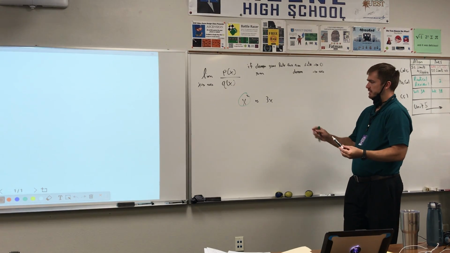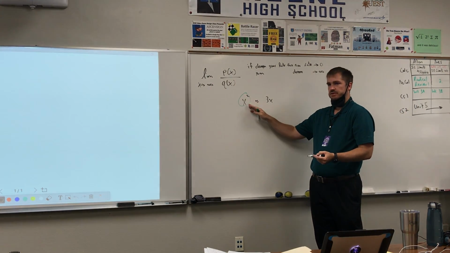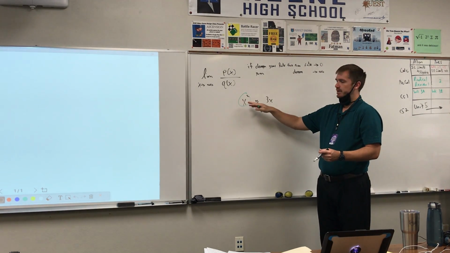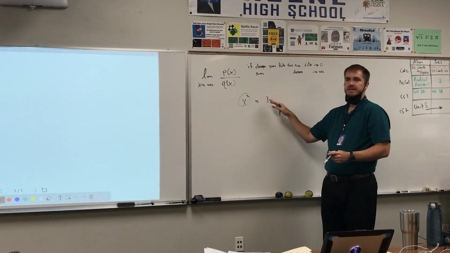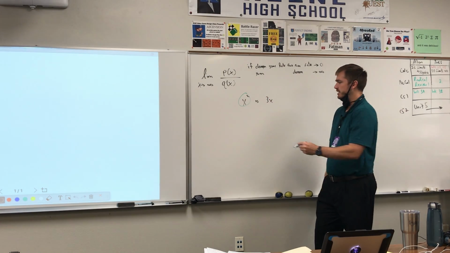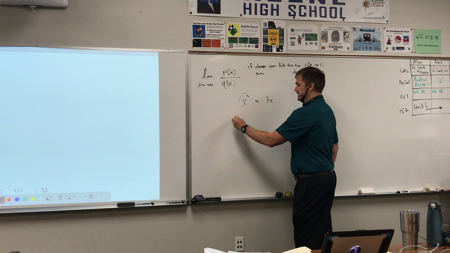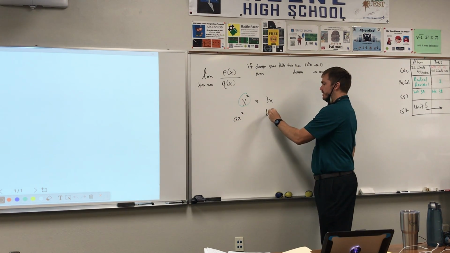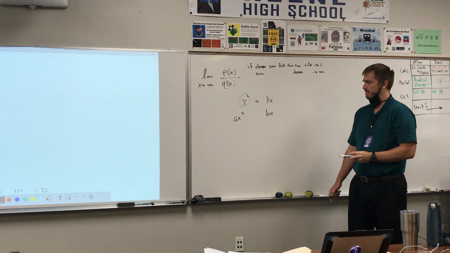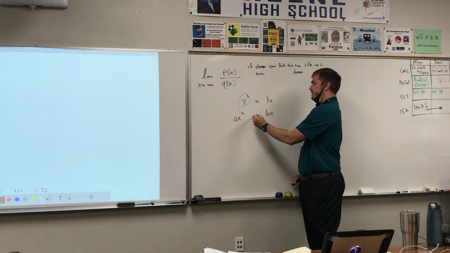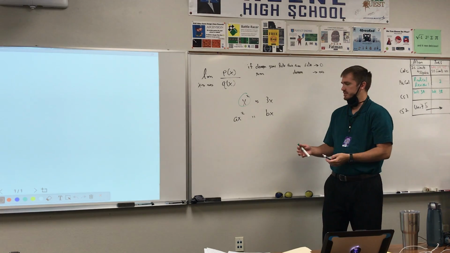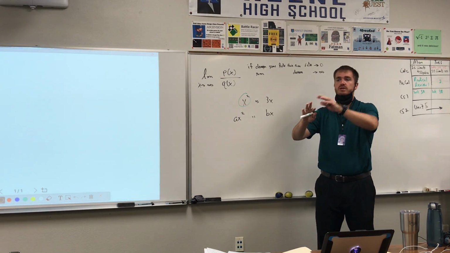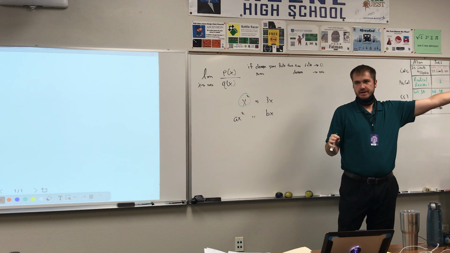In fact, that is true of any quadratic versus any linear. Okay? So if you have anything such as ax squared, and then over here you have bx, and we want to see which one of those two is going to grow faster, the quadratic always goes faster in the long run, okay?